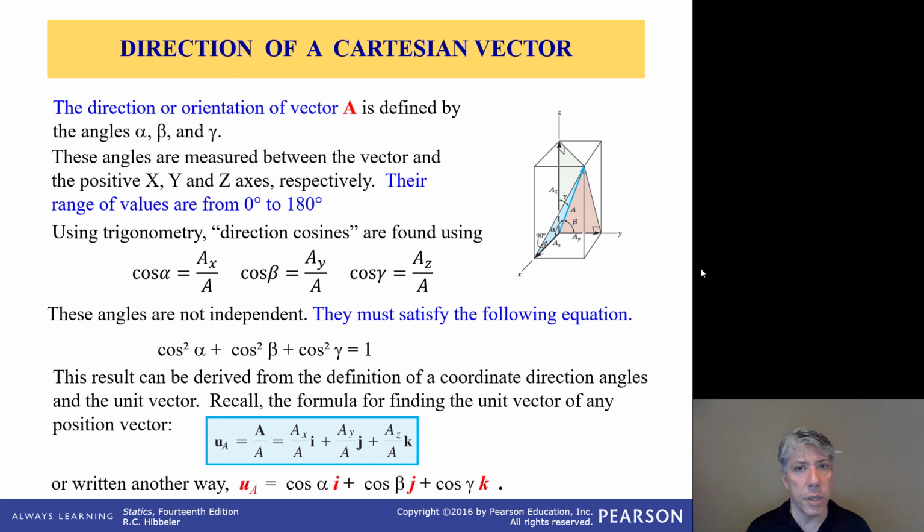And we already know that the unit vector has length 1, and so to calculate the magnitude of the unit vector UA, all we need to do is square the components of that vector. So cosine squared of alpha plus cosine squared of beta plus cosine squared of gamma. Add them together, we better get 1, because that's the way you calculate the length of a vector, and we know that the unit vector has length 1.